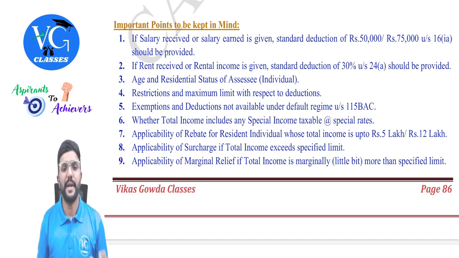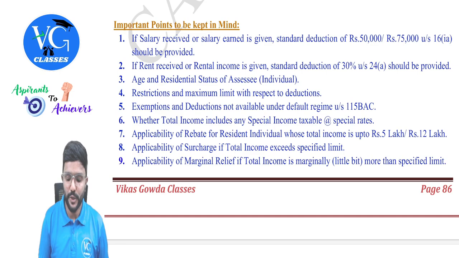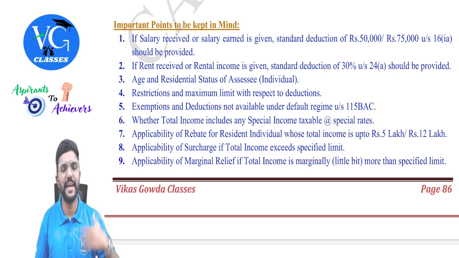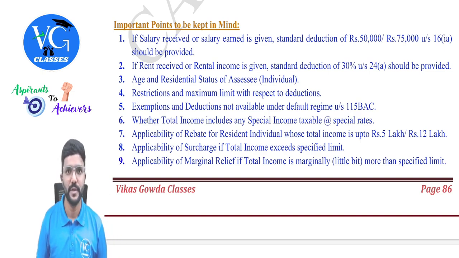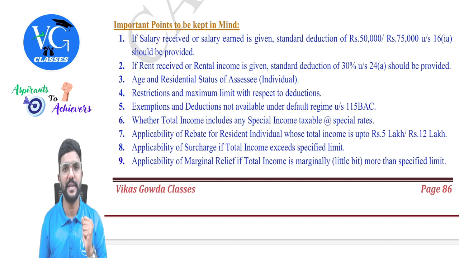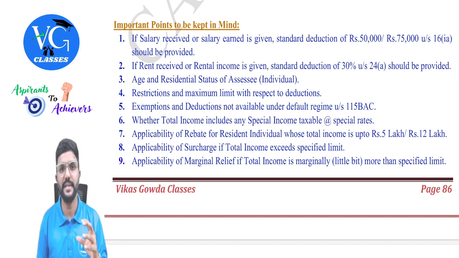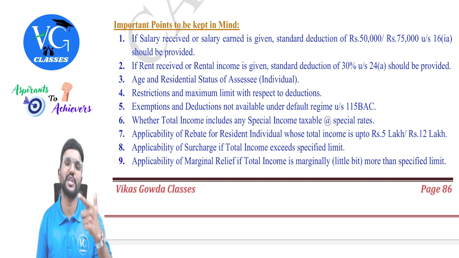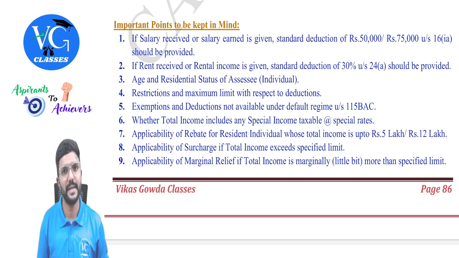Then point number 8, applicability of surcharge. If the total income exceeds a specified limit like 50 lakh, 1 crore, 2 crore, 5 crore or 10 crore, guys, whenever you are calculating the tax liability, please take care of surcharge. So just pause for a second, check the availability of rebate or check the applicability of surcharge, guys, when you are computing the tax liability.